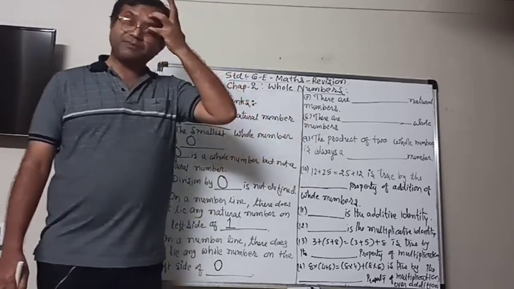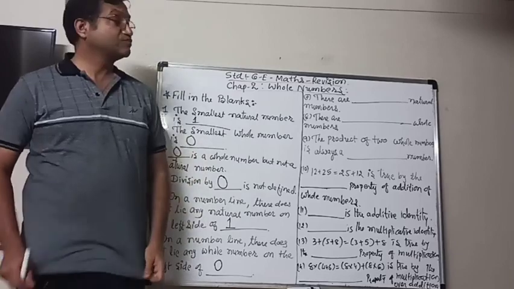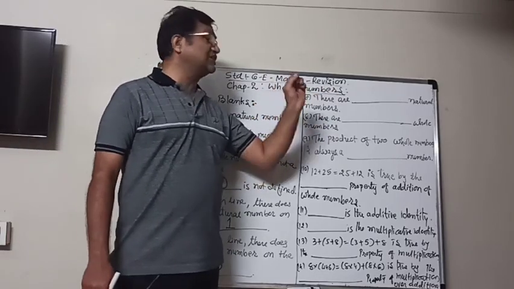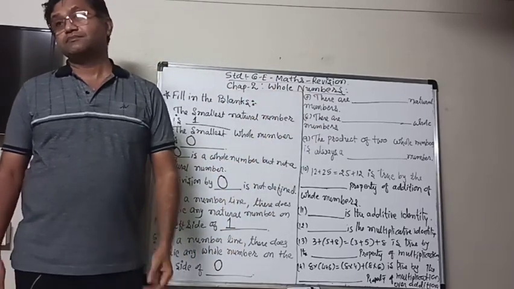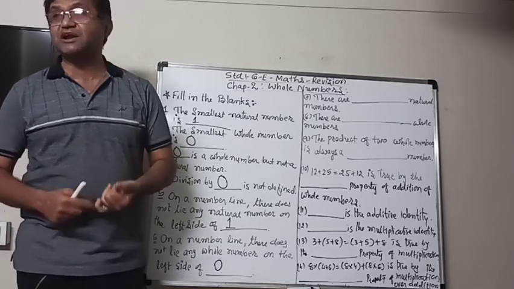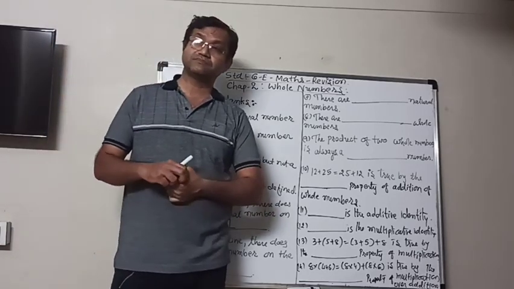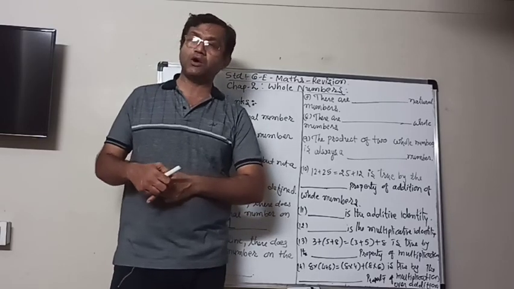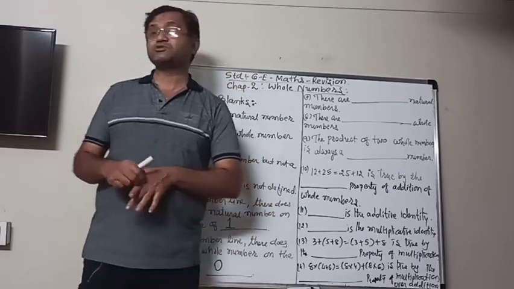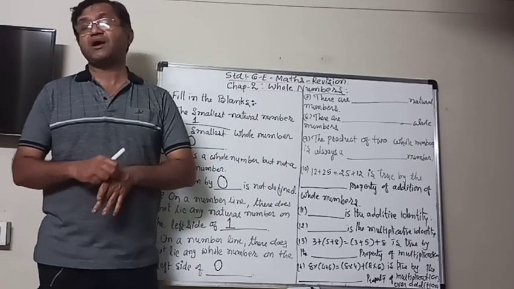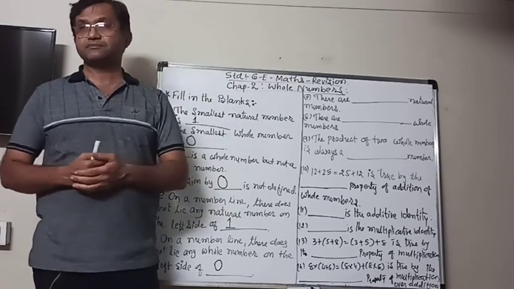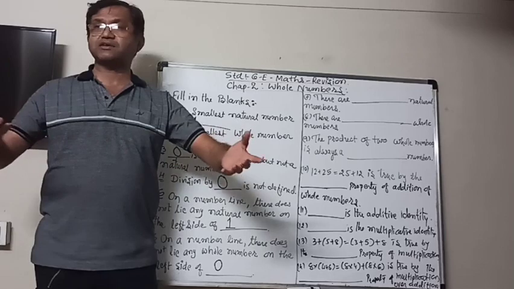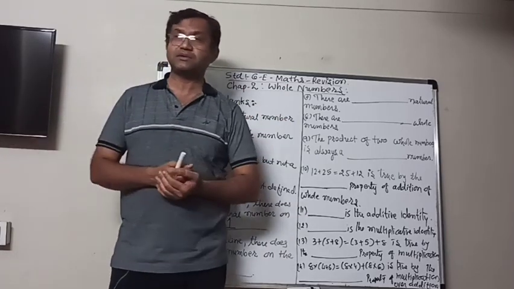Now next blank. There are blank natural numbers. Can you please tell me how many natural numbers there are? You start from 1, 2, 3, 4 and so on. Sometimes students in a hurry give the answer 100 because they count from 1 to 100.